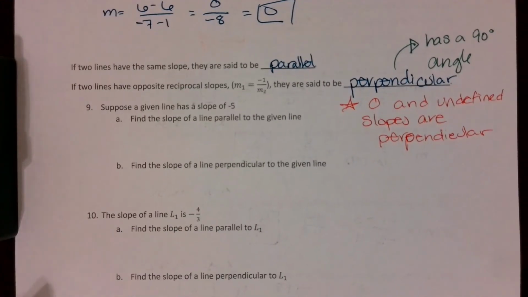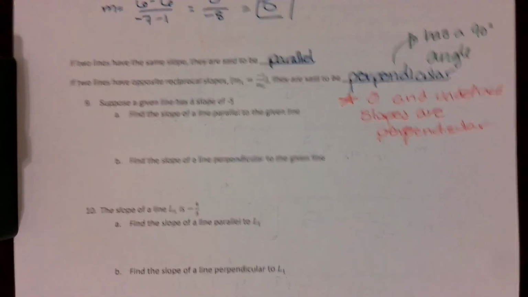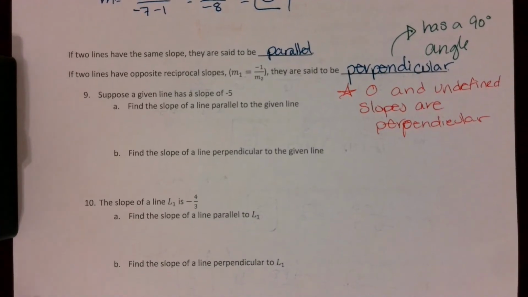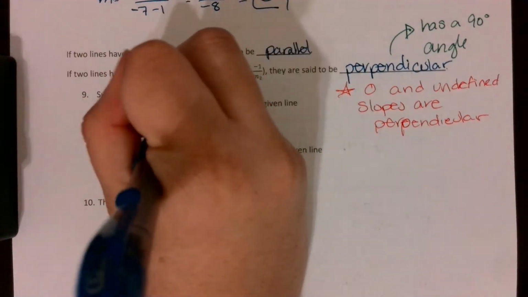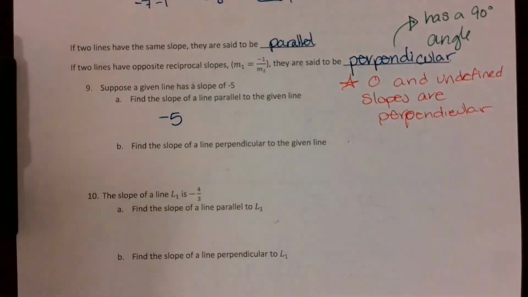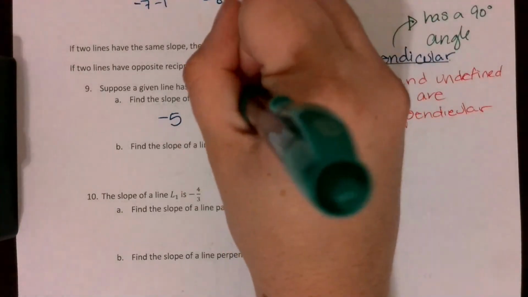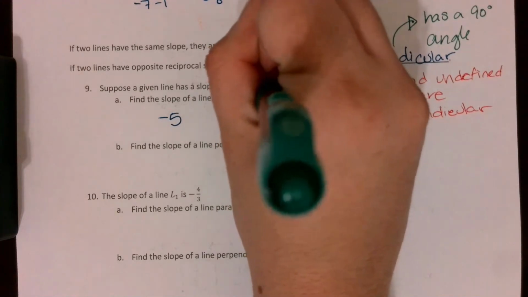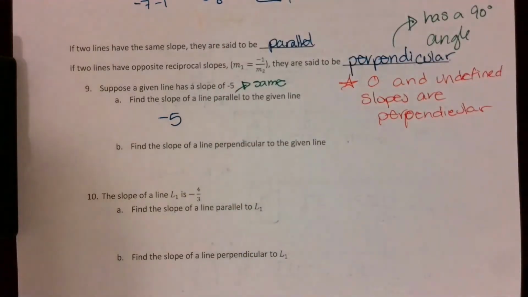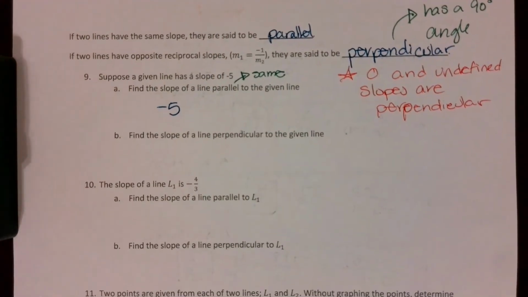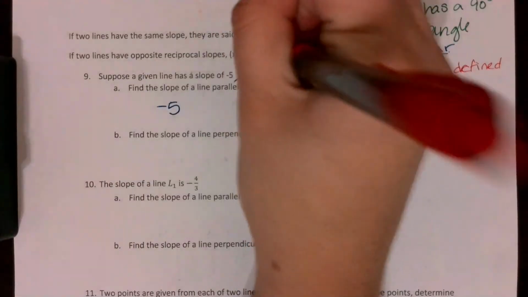So number 9 wants me, given that something has a slope of -5, to find something that's parallel. Parallel is just -5, it's the same. Okay, B wants it perpendicular, so that's the one where I plug in.